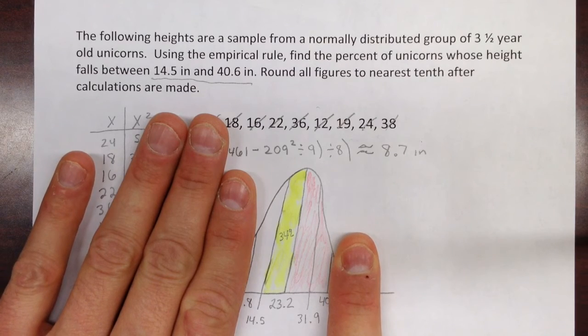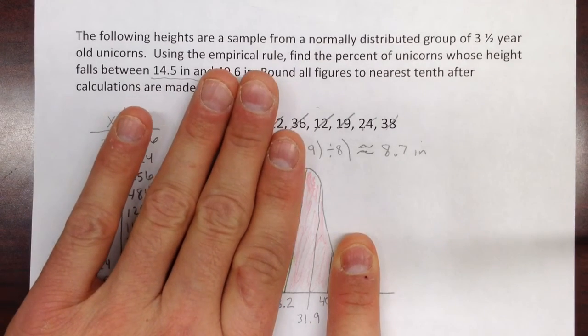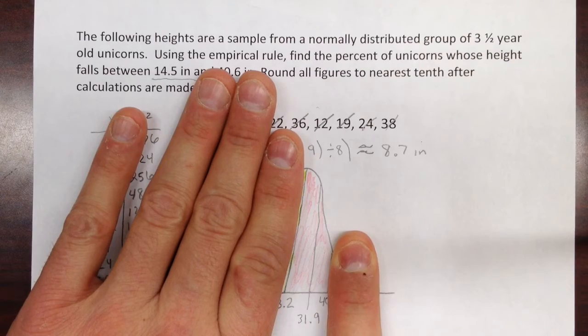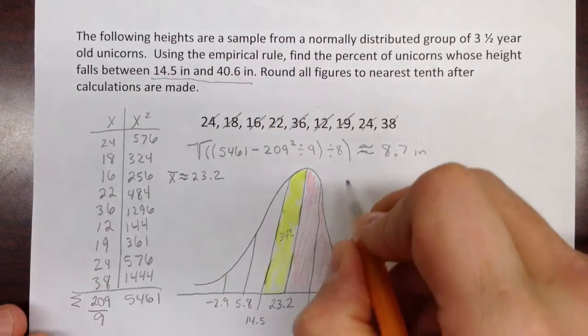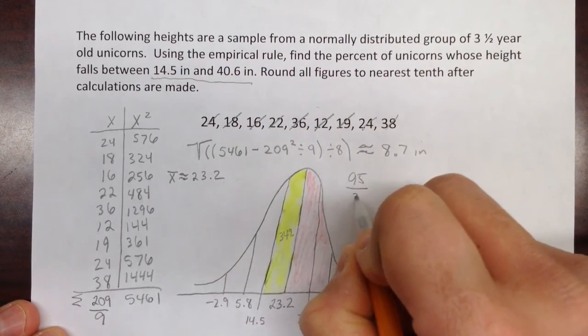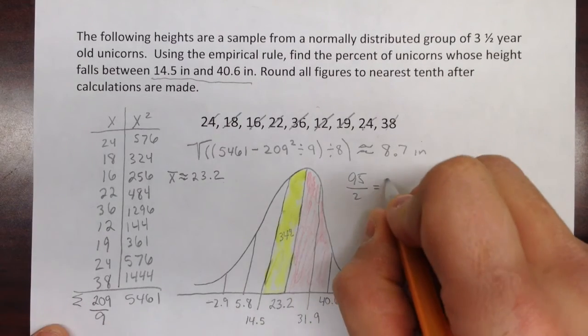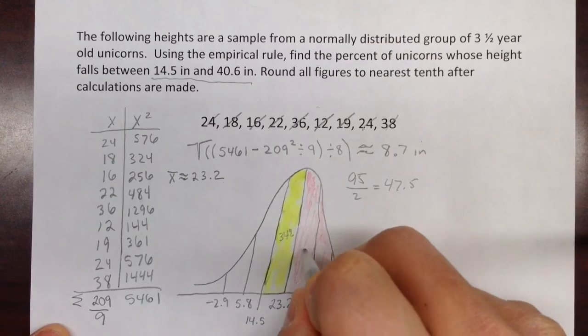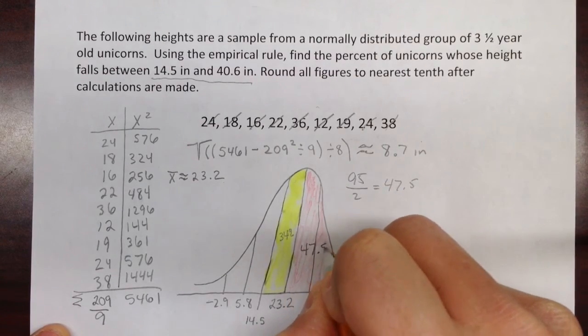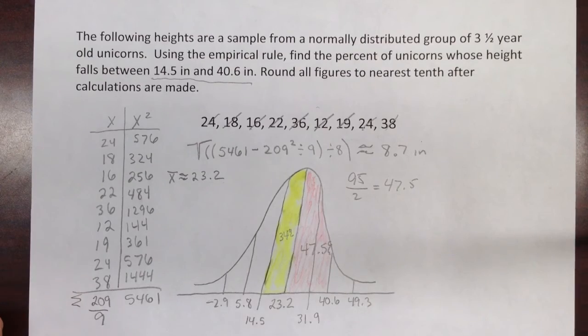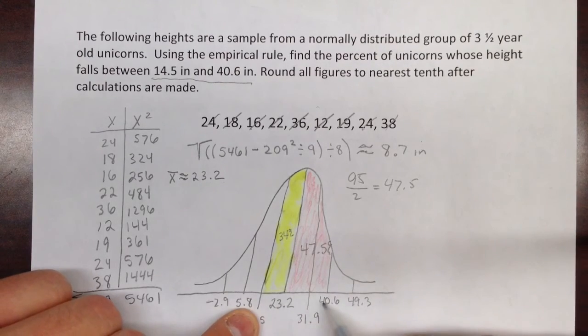If I only want half that, I take 95% and I divide it by 2. Again, because it's symmetrical, that'll work. So take 95%, divide by 2, and use your calculator for that if you want. And you should get 47.5. So this part is 47.5%, the red.